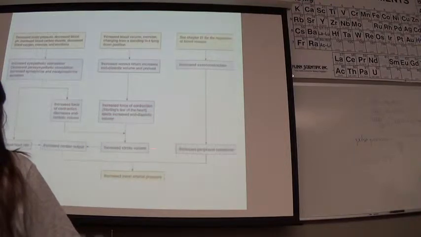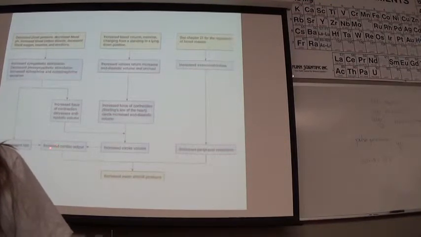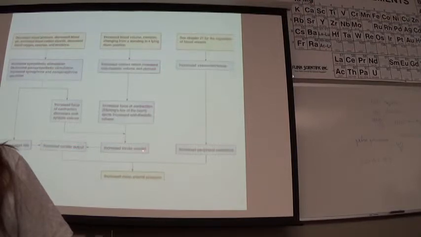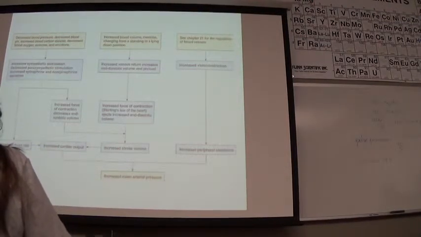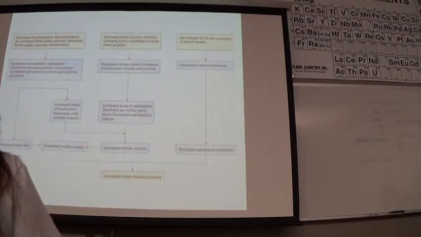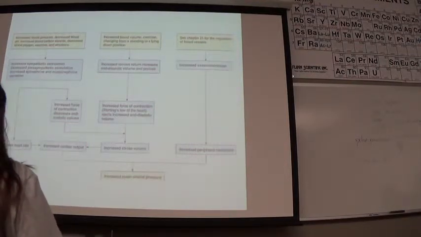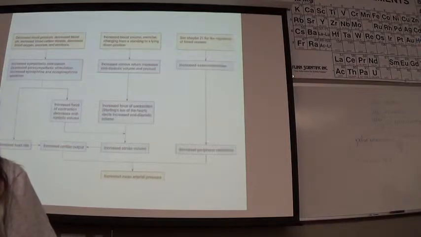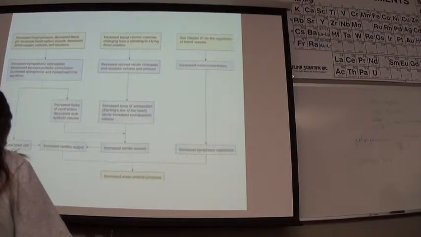So down here at the bottom, increased heart rate is going to increase cardiac output. Increased stroke volume, its arrow goes this direction because that also increases cardiac output. And then we have the 2 major factors I had on the previous slide. Increased cardiac output and increased resistance are going to increase mean arterial pressure.